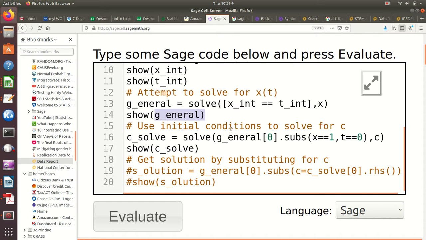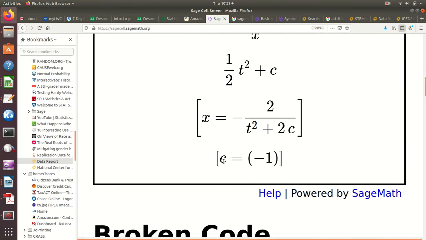But I have initial conditions, so I substitute those into my equation, and I solve for c, and so I evaluate that. And you see I get c equals -1.